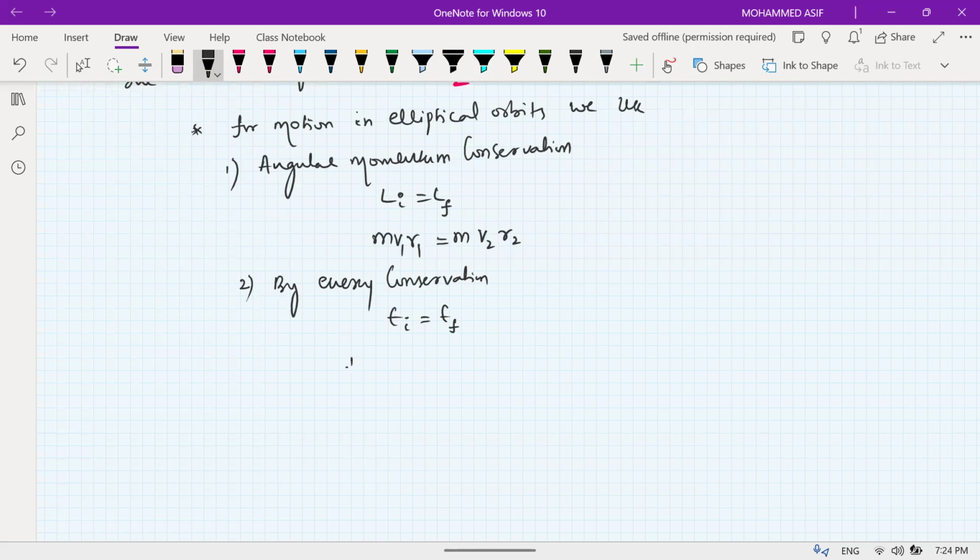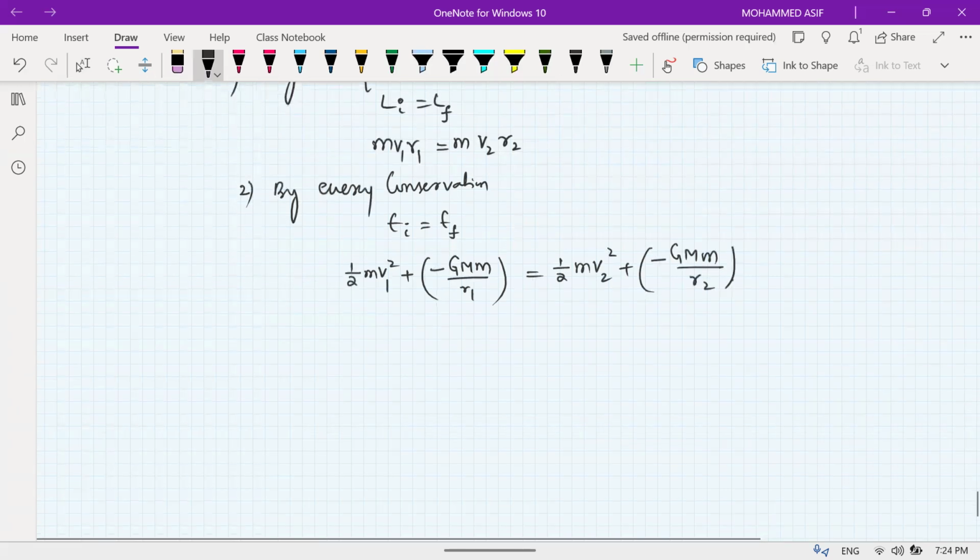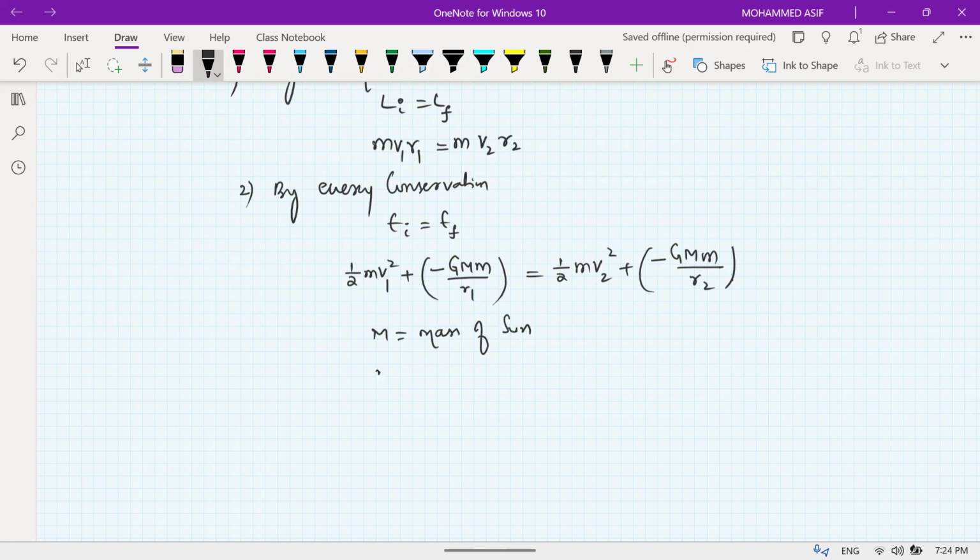That is, half m v1 square plus potential energy, minus G M m divided by r1, must be equal to half m v2 square minus G M m divided by r2. Capital M is the mass of the sun, and small m is the mass of the planet. Here we are taking it as the earth.